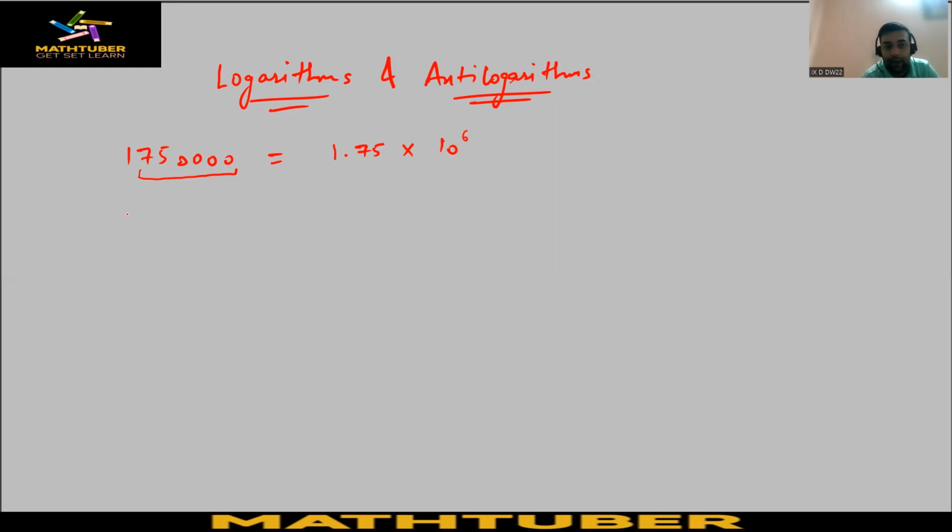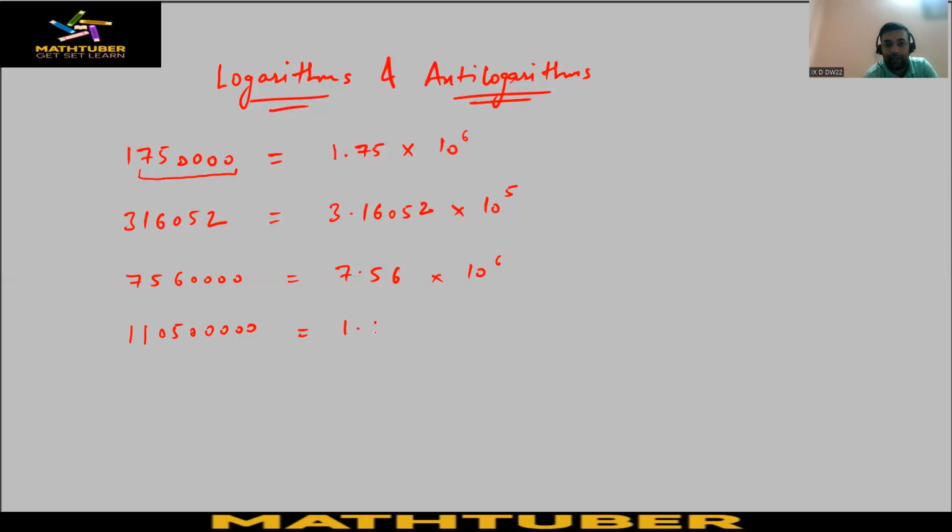Similarly, if you have 316052, suppose this is the number, then it will be 3.16052, and you can see there are 5 digits after 3. And similarly 7560000, so you can write it as 7.56 into 10 raised to power 6, 110500000.